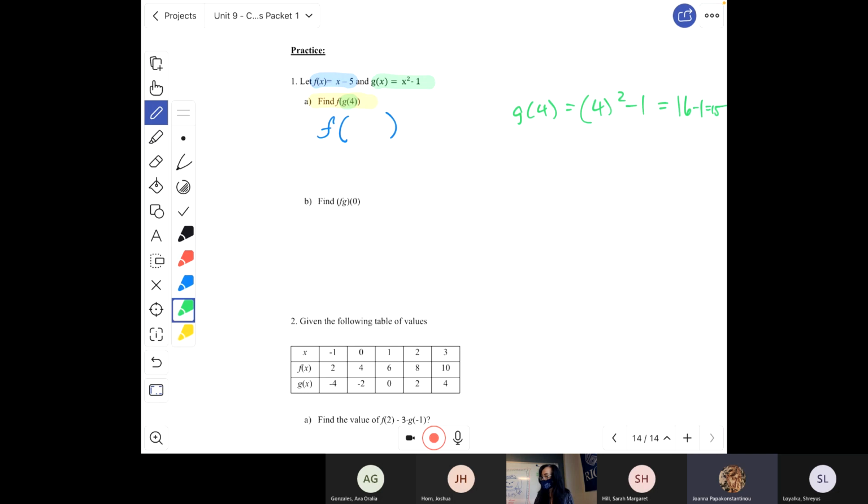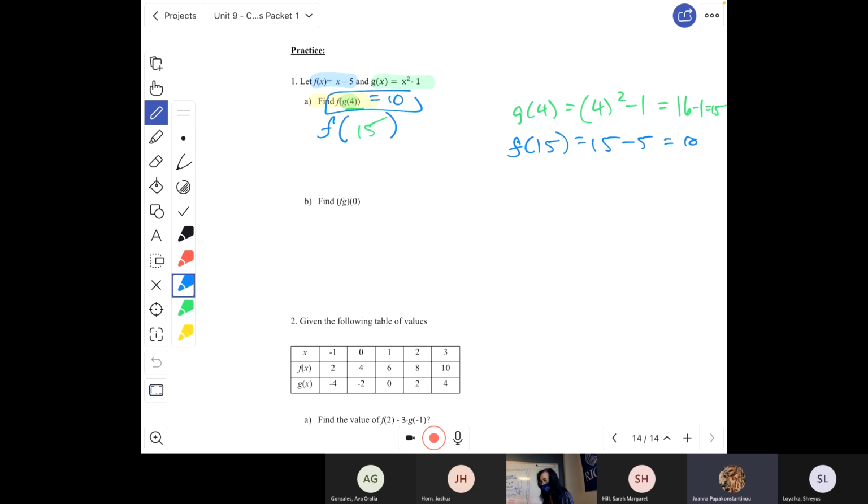You with me? Then I'm going to substitute 15 in there and evaluate f at 15. F at 15 is 10. So this whole thing equals 10.